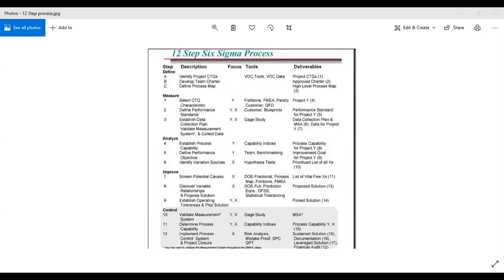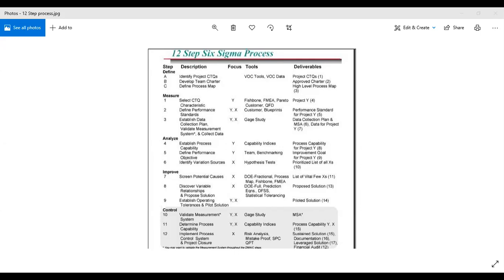Let me give you an example. Let's say this is the distribution of the data that we have, and this point is the central point, and this could be your lower specification limit, and this is your upper specification limit.